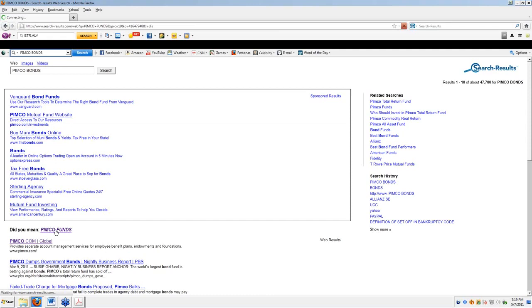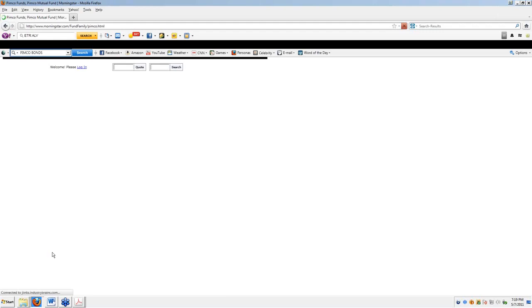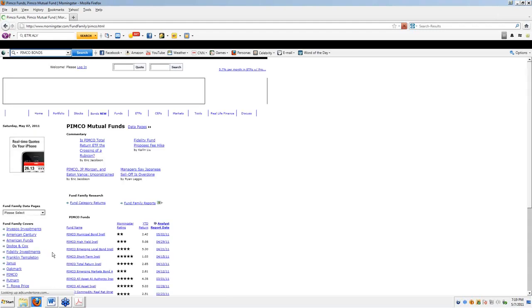So PIMCO bonds and funds are the ones that underwrite everything in the world? They underwrite Dun & Bradstreet. Okay. What's that got to do with the individual homeowner? Well, that's who underwrites.